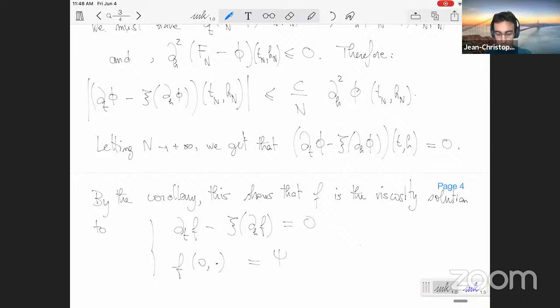This is what I wanted to justify. We know there's a unique such solution, and we have said that any possible subsequential limit is the viscosity solution to this equation. So that completes the proof that f_n converges to that solution.